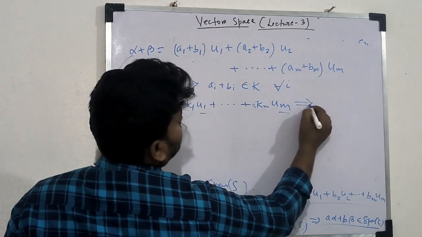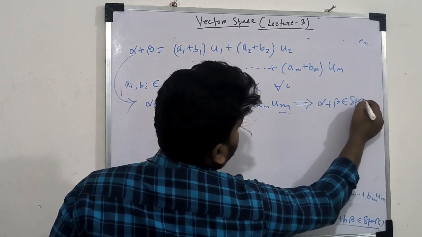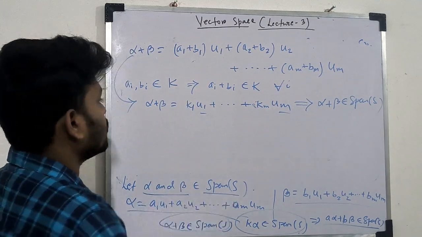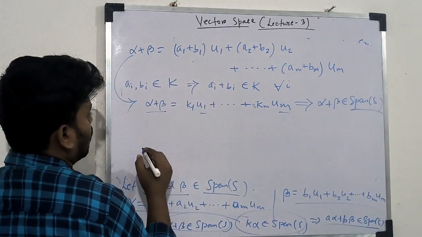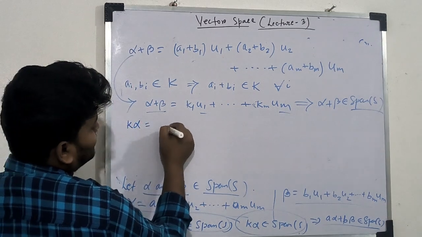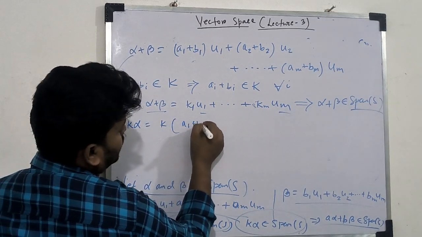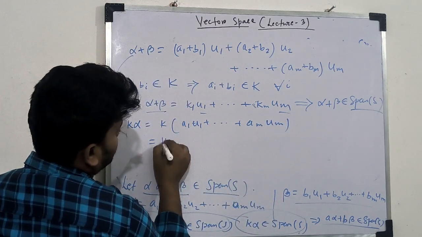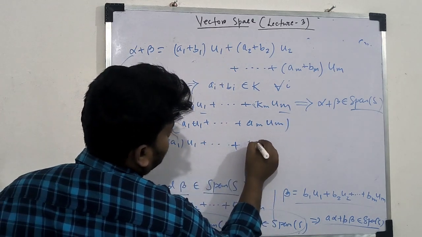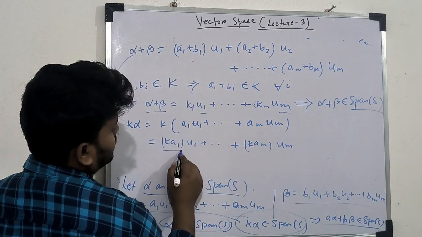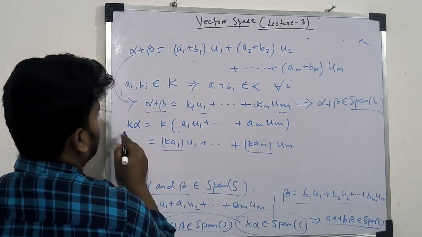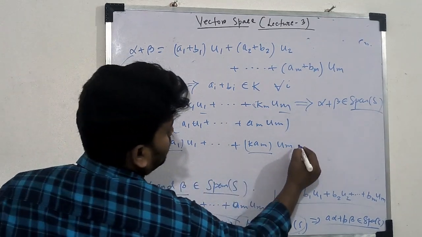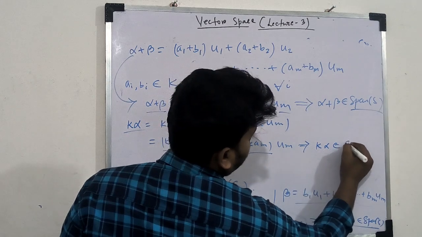Therefore this implies that alpha plus beta belongs to span S. Okay, so we assumed that alpha and beta belong to span S and we proved that alpha plus beta belongs to span S. And also k alpha, that is k into (a1 u1 + ... + am um), can be written as k a1 u1 + ... + k am um, so this is also a scalar, this is also a scalar. So k alpha is also a linear combination of the vectors u1, u2, ..., um, so from this we can conclude that k alpha belongs to span S.